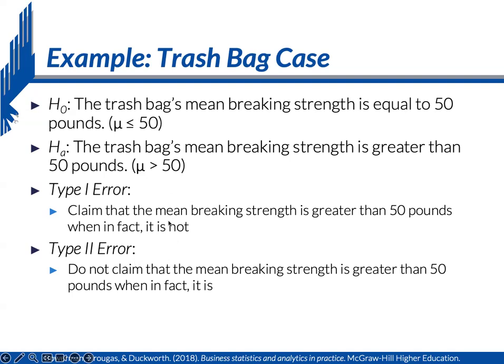Now, between these two types of errors, the type 1 error seems to be more costly. Whenever we commit a type 1 error, we usually face grave, more serious consequences as compared to committing a type 2 error. In this particular example, if we claim that our trash bag is the strongest when it's actually not, there are several consequences that we can face.